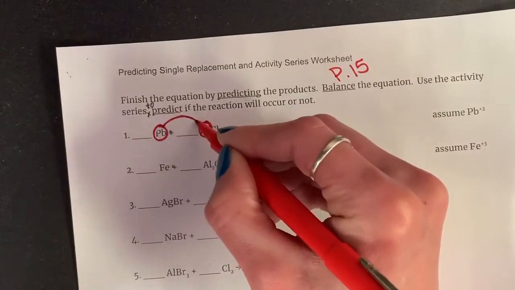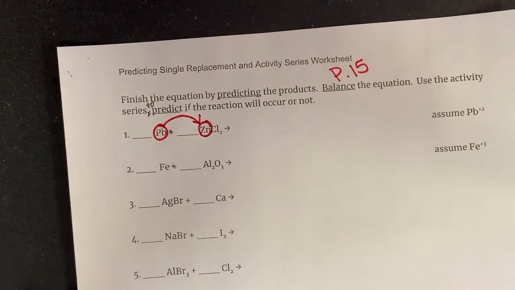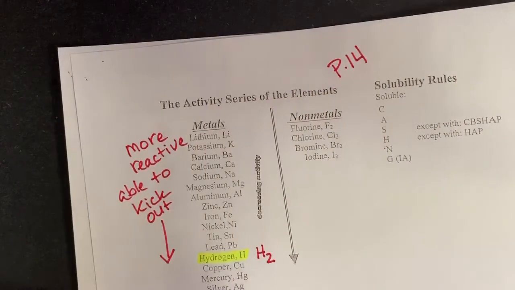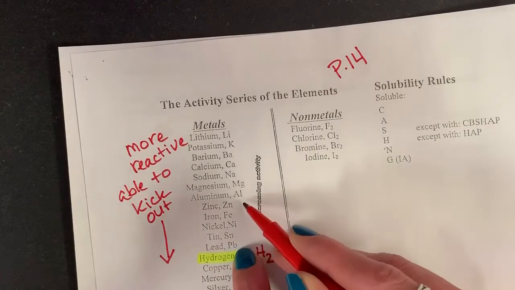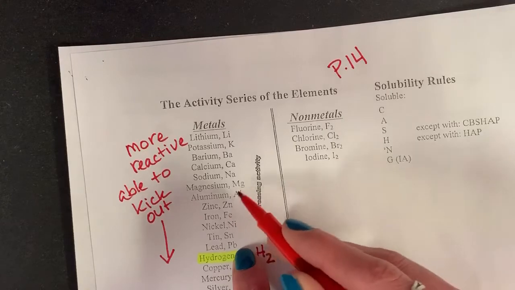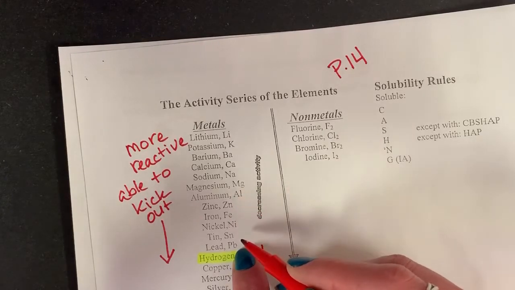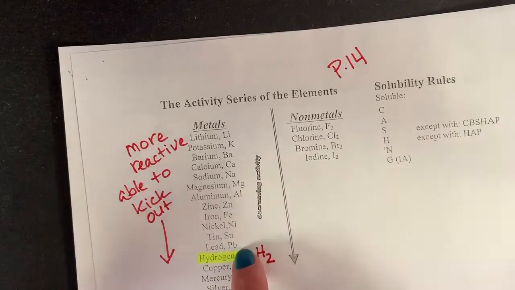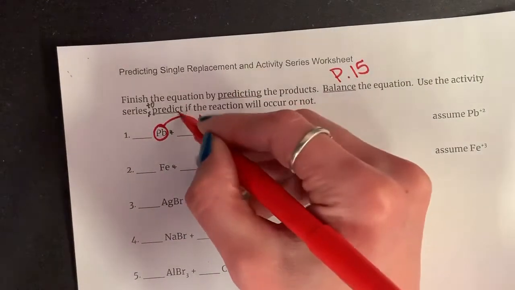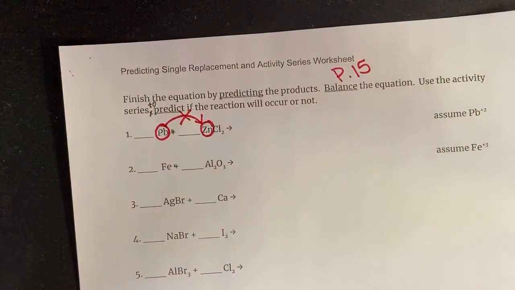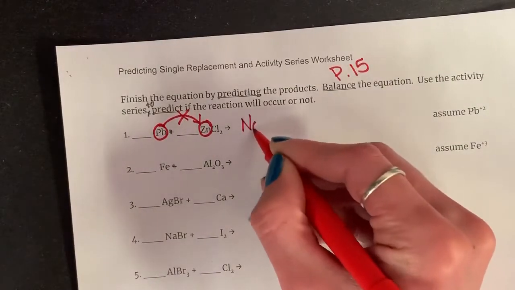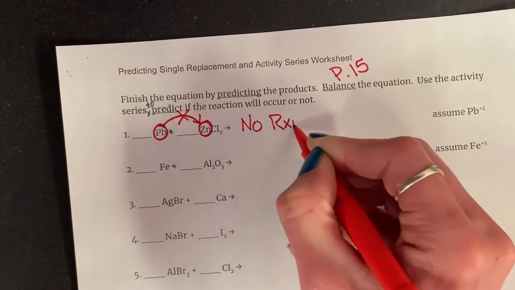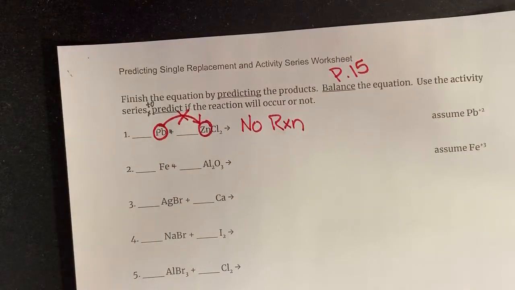So lead is going to try to kick out zinc and take his place. Now if I look at my activity series, lead is here, zinc is all the way over here. Zinc is way more reactive than lead. So lead can try his hardest, but he is not able to do this. What's going to happen when I mix these two things? Absolutely nothing. I have no reaction.